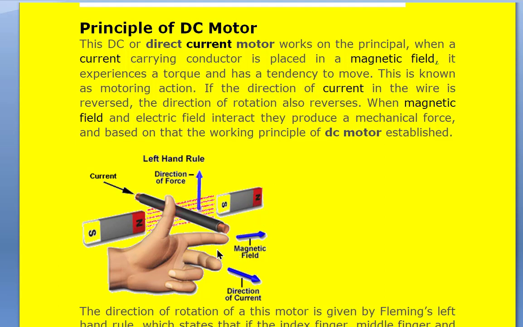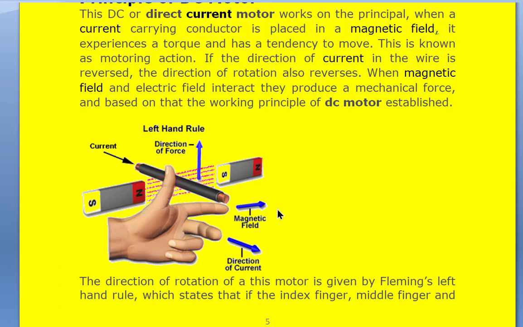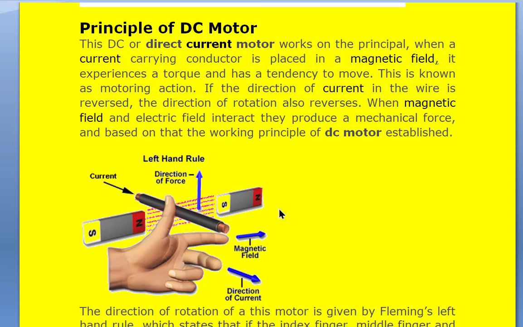Then the conductor will experience the force in the direction of thumb, that is on the paper in the y direction, like this. This means whenever there is a current carrying conductor placed in a magnetic field, it experiences a mechanical force like this.